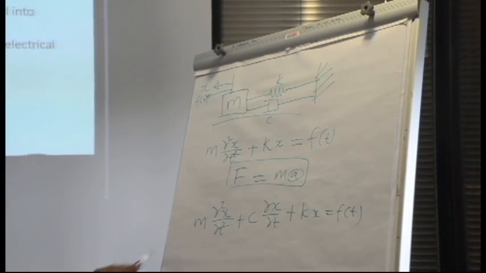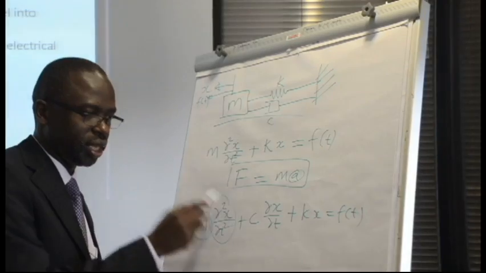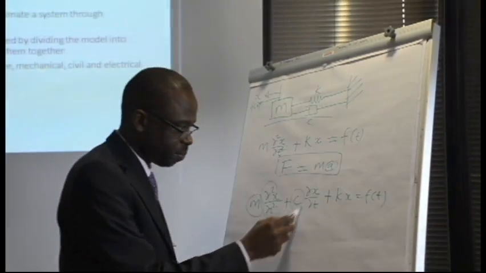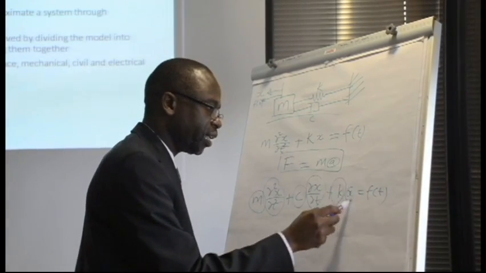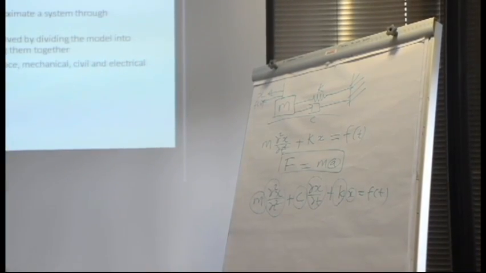Again, the mass multiplied by the acceleration, the damping multiplied by the velocity, the stiffness multiplied by the distance is equal to the force. Again, F equals ma.